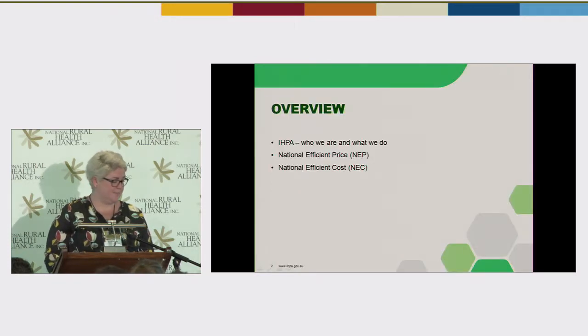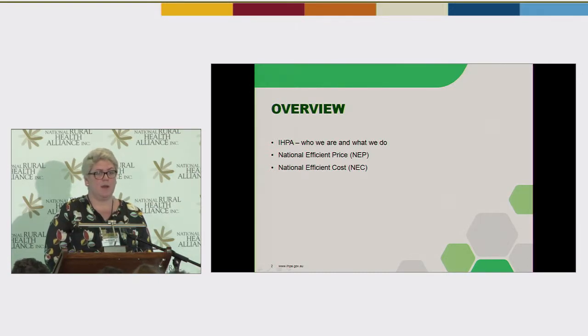First of all, I don't expect everyone in the room to know who the Independent Hospital Pricing Authority are, so I'll start off by describing what we do and what our primary functions are. Then I'll describe our two major products, the National Efficient Price and the National Efficient Cost. Both of these models incorporate a measure of remoteness in how we allocate funding to public hospitals throughout Australia.